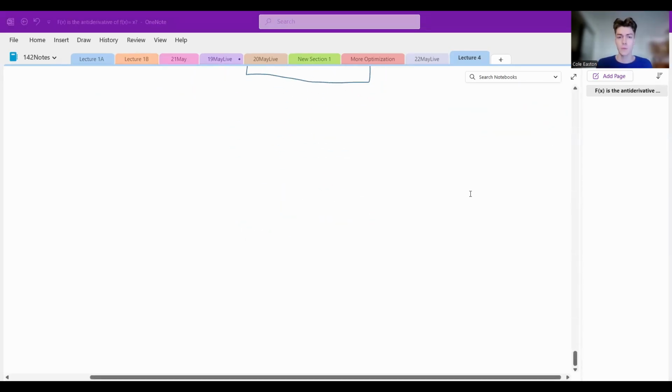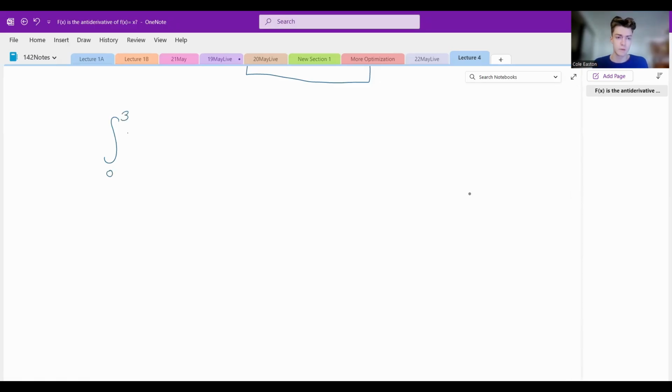Now, the real power of the net change theorem comes from questions like this. What if we asked, what is the integral from 0 to 3 of 3x squared dx? Well, let's try to draw this.